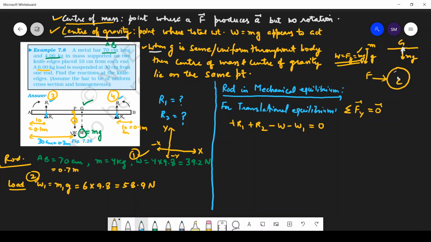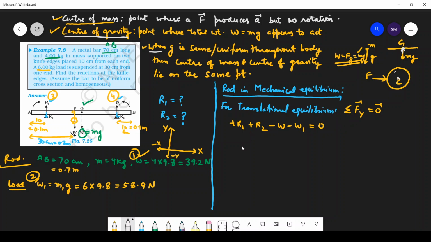Now for rotational equilibrium, so you have got this equation. You put the value of W1 and W2 here. Okay. So after putting the value of W1 and W2, this equation you will get R1.